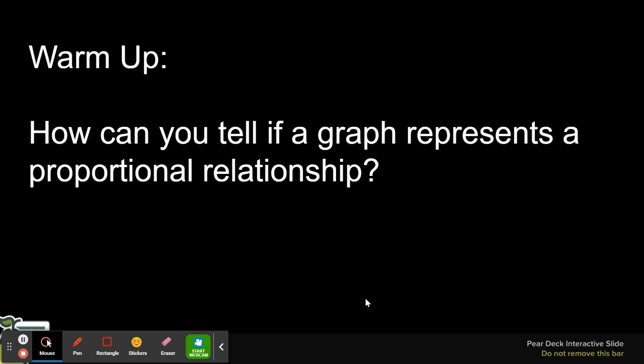All right. If you recall, a graph is proportional if it is a straight line. So it must have both of these things.